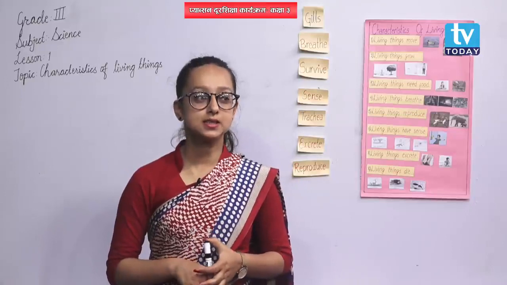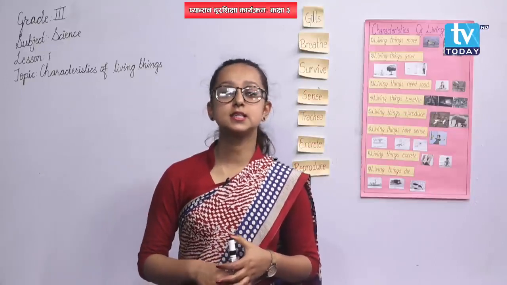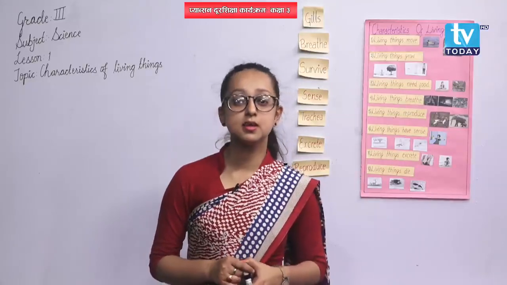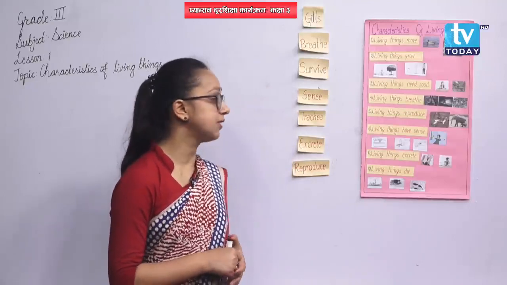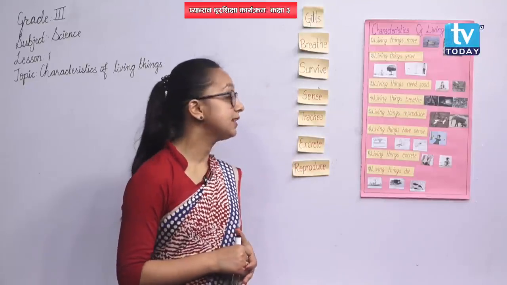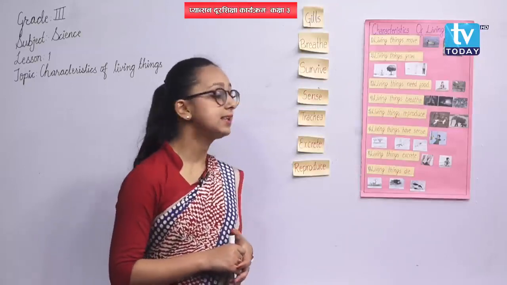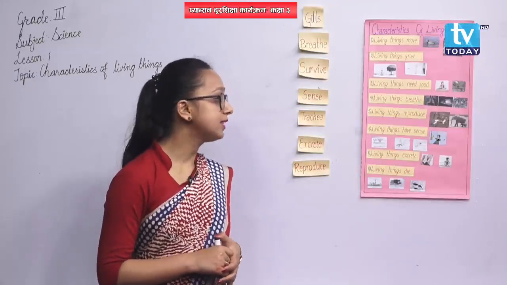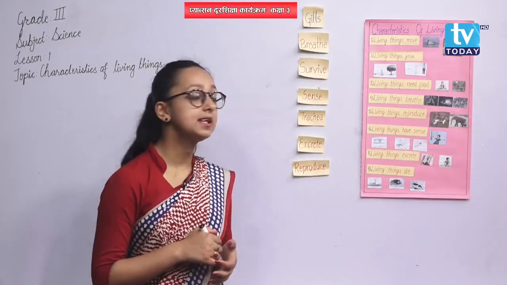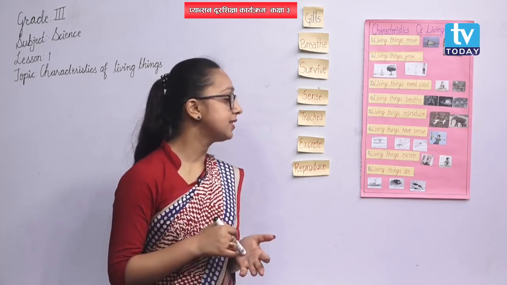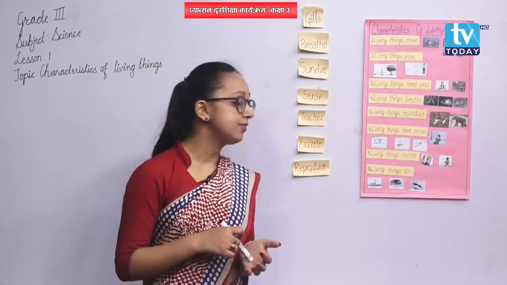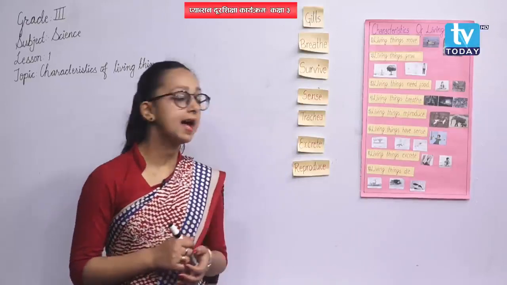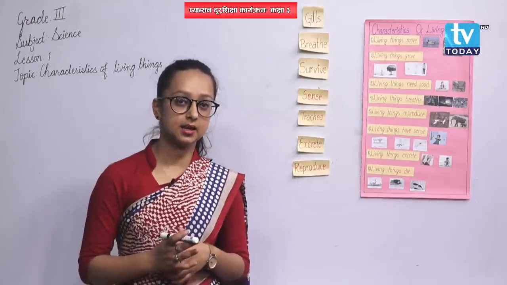Today we discussed 8 characteristics of living things. The first one we discussed was living things move, living things grow, living things need food, living things breathe, living things reproduce, living things have sense, living things excrete, and living things die.